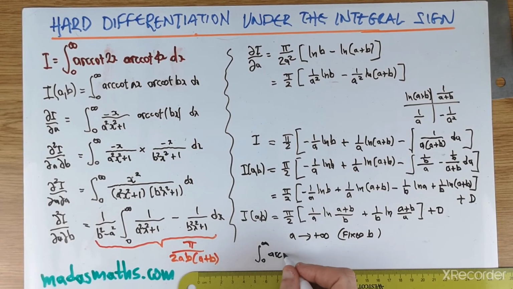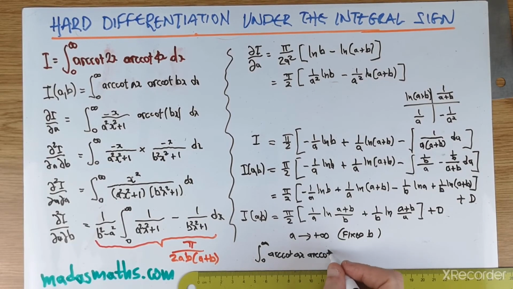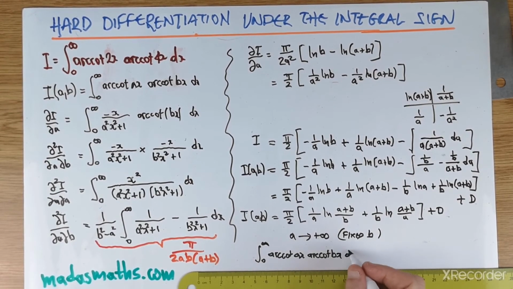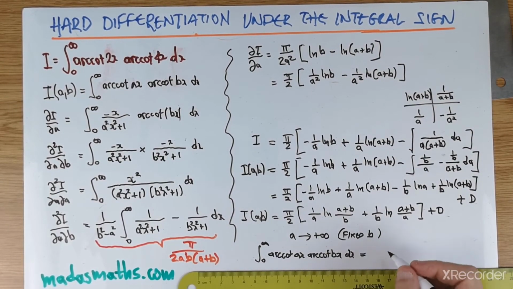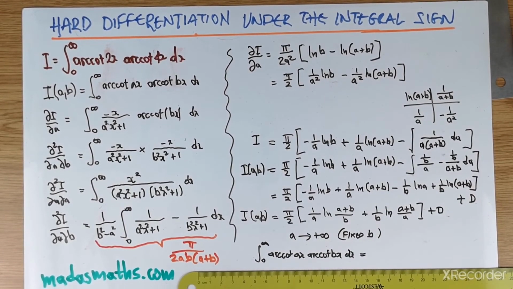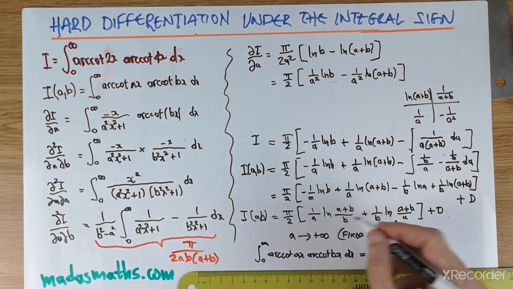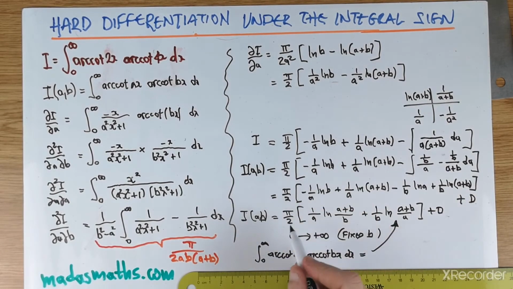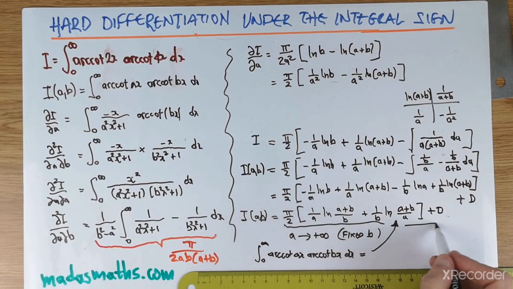Arc cot of ax, arc cot of bx dx, and it's equal to, oh, I don't think I'll be able to fit all of this, so I'm not writing it, it is equal to all of this quantity, including the constant at the end.